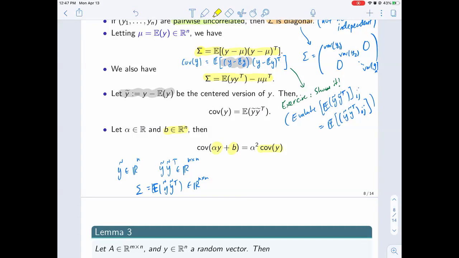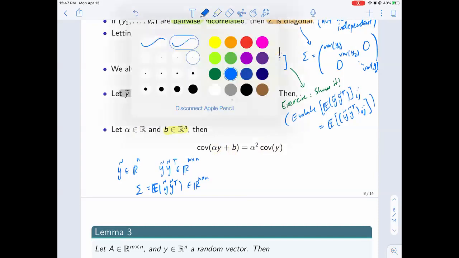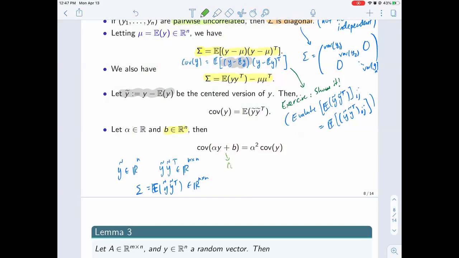You just rescale the covariance by alpha squared. And you can see that b doesn't appear on the other side. So this means that covariance matrices are shift invariant. A constant shift does not matter.